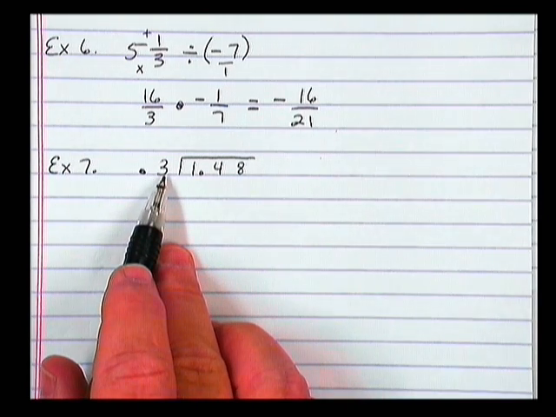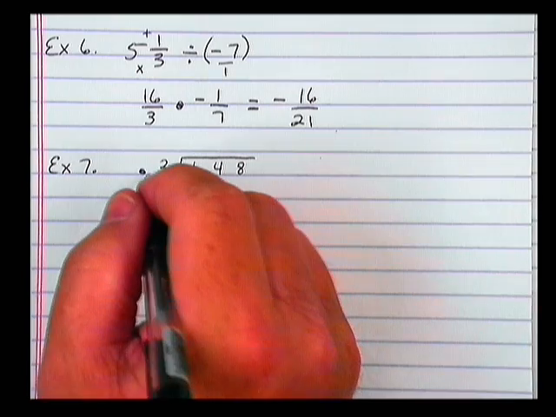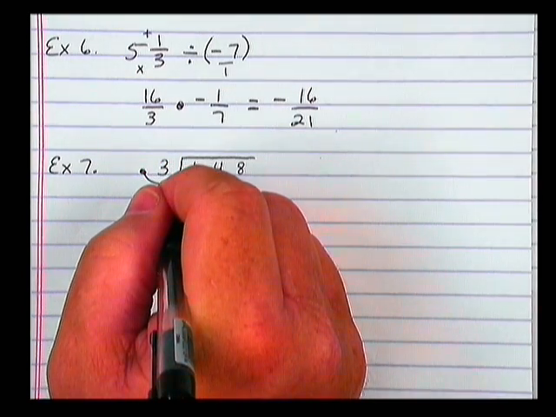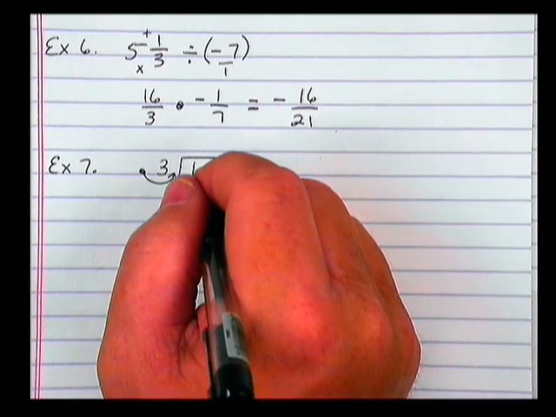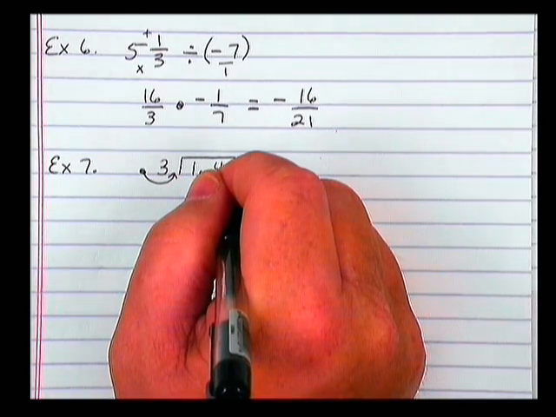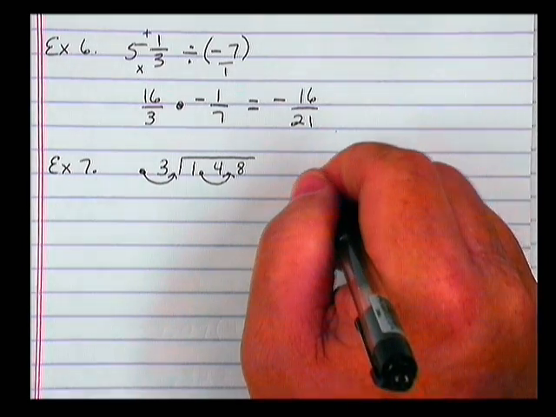You do not want a fraction on the outside. So run this over here. But when you do that, you have to move this number over 1 also. You have to move that decimal over 1 also. So what I do is I come over here and I rewrite it.